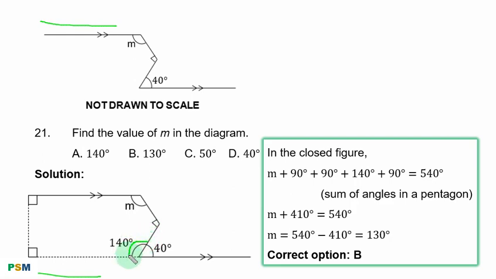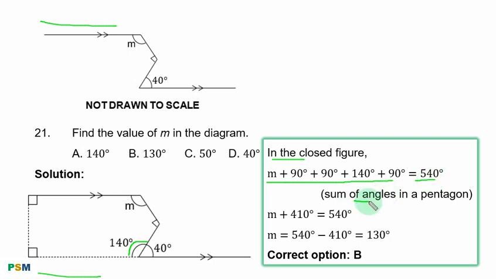For this angle, it is 180 degrees minus 40 degrees, straight line angles, and you have 140 degrees. In the closed figure, if you add all the angles, the sum is equal to 540 degrees.